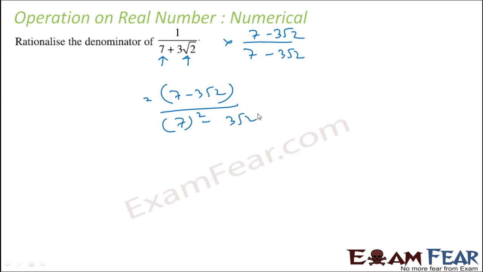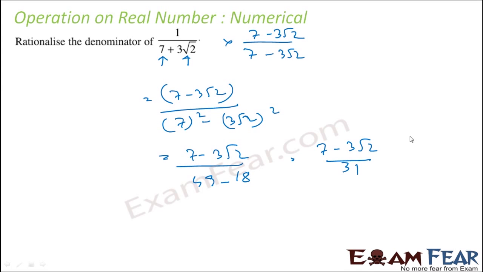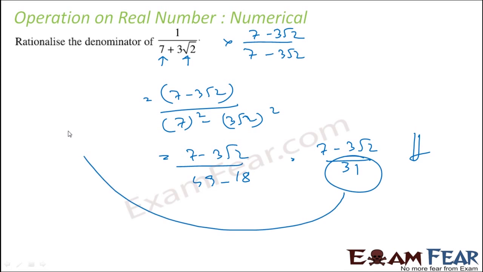B is 3 root 2 square. You solve this. This becomes 7 square is 49, and this becomes 3 square is 9. 9 into root 2 square is 2. 9 into 2 is 18. You solve this, 7 minus 3 root 2, and the denominator becomes 31. And if you see here, 31 is a rational number. So the denominator is rationalized.